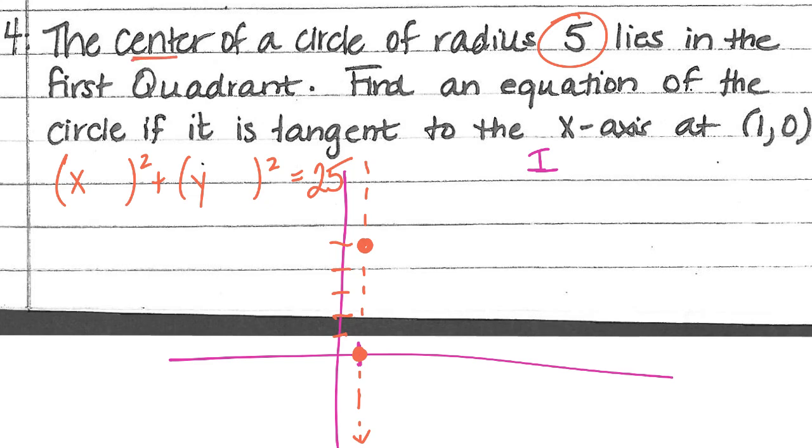So it did just tell us that the center is in quadrant 1, which helps us out. And I know that since this center is at (1, 5), and we know that the radius is 5, I can do (x - 1) quantity squared plus (y - 5) quantity squared equals 25.